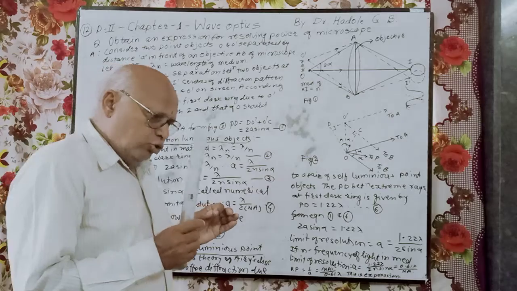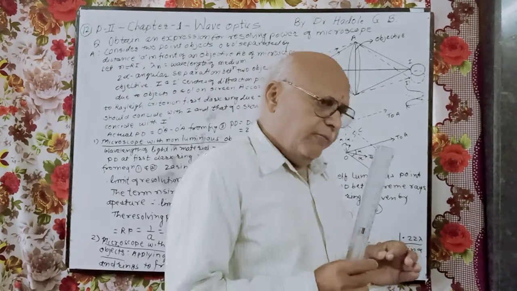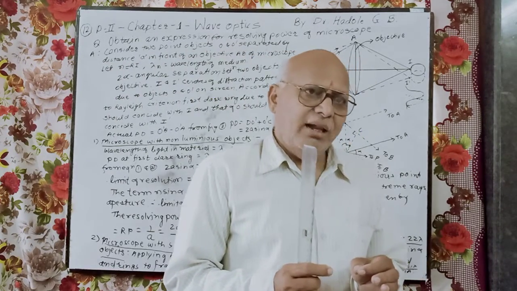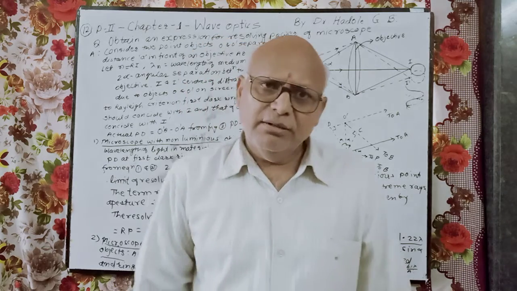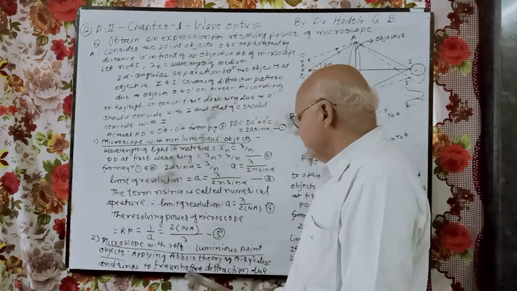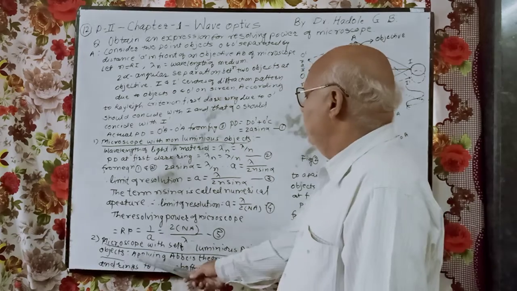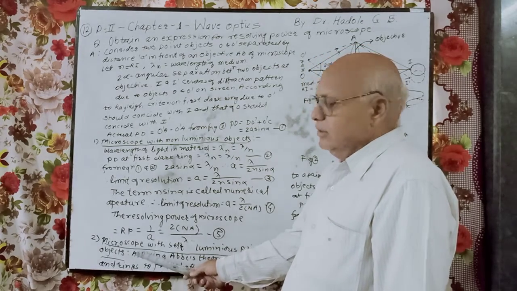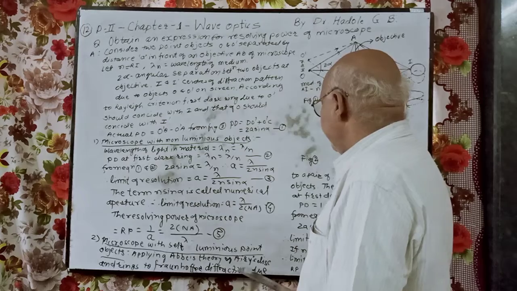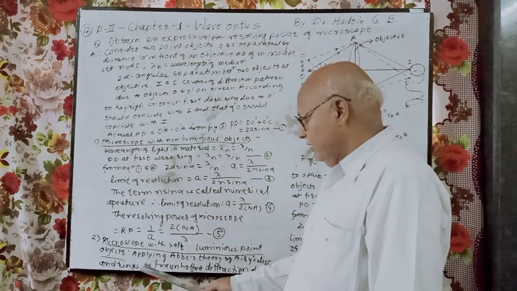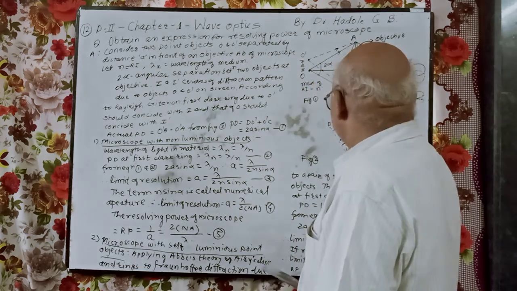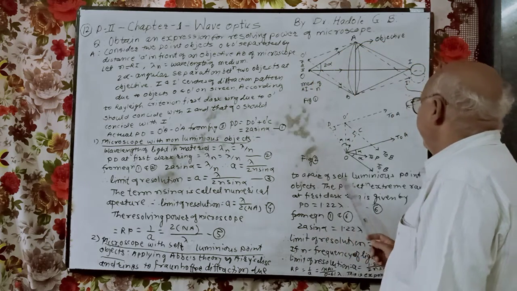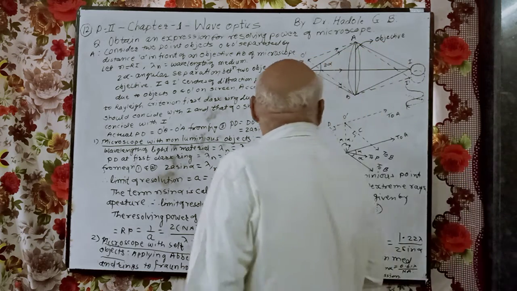Suppose we are going to observe two self-luminous point objects by using a microscope. In this case, applying Abbe's theory to Airy's disk and rings in Fraunhofer diffraction due to a pair of self-luminous point objects.